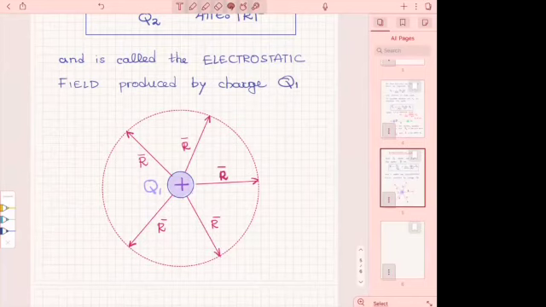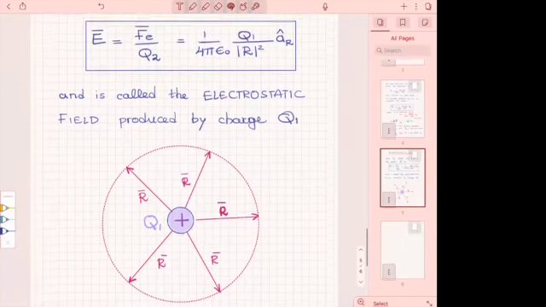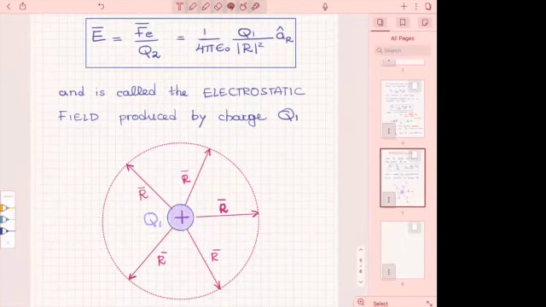So I got a quantity, which I call the electric field, E, which only depends on the charge that produces it, and which varies with the distance from the charge as 1 over the magnitude of R squared, because R is a vector also and has different directions.